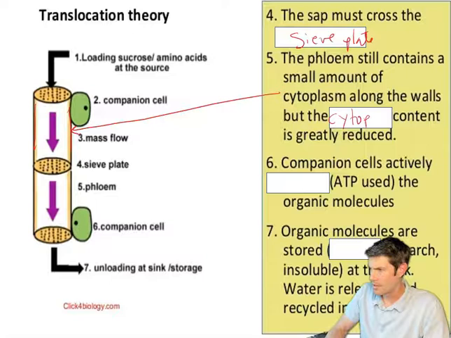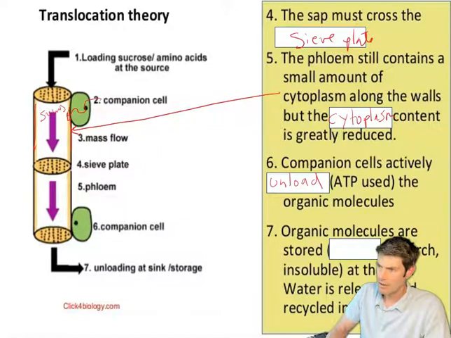Not much in there. So it doesn't have a lot of the organelles. But those companion cells, they actively unload the organic molecules into the phloem, and that requires ATP for this companion cell to kind of move sugars in there, to move sucrose in from here to here. Takes energy.